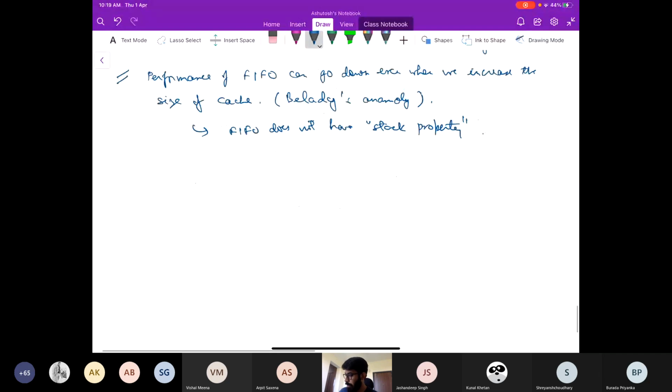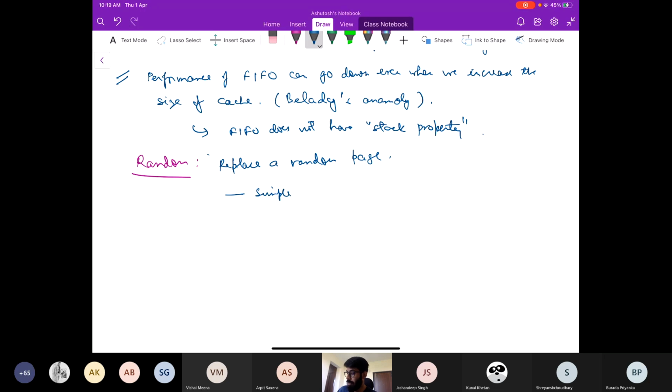So this is the first simple policy that we addressed, and the second is going to be random. As the name suggests, just replace a random page. Again, simple to implement.